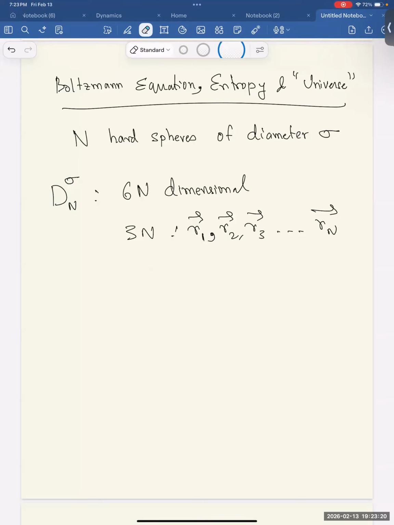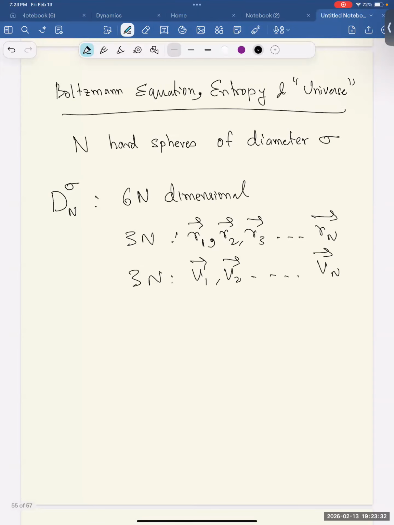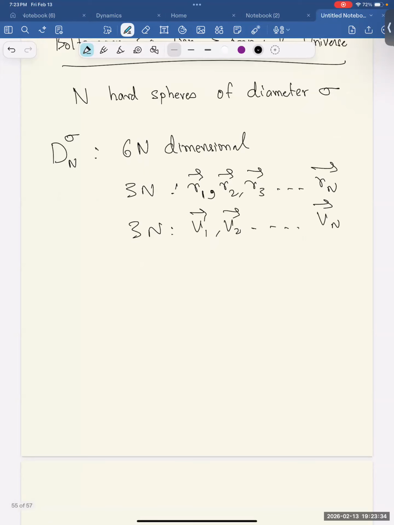And then we have the 3n-dimensional velocity space, V1 up to Vn, right? So this does not have any holes in it. Taken together, we call it Dn.